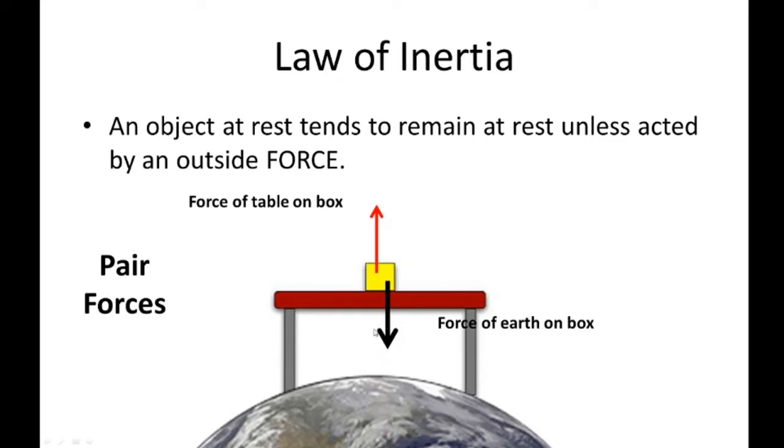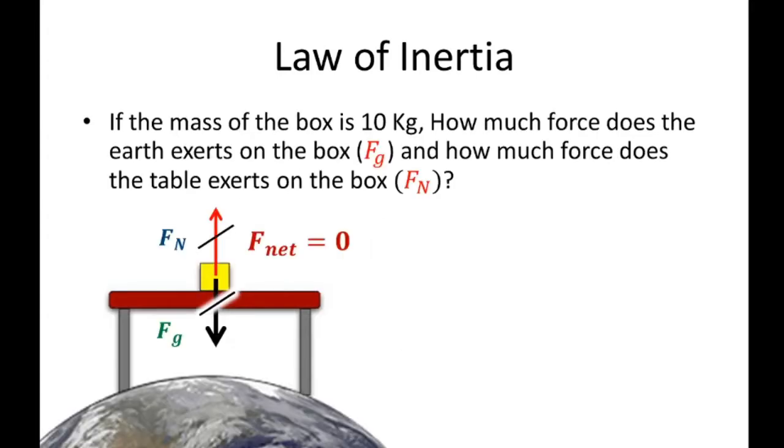And we are left with the forces acting on the box, because if we are dealing with the law of inertia, we are always referring to the forces acting on a certain object, or in this case the box. So the forces acting on the box are the normal force, the force going upward, or the force of the table on the box, and the force of gravity on the box.